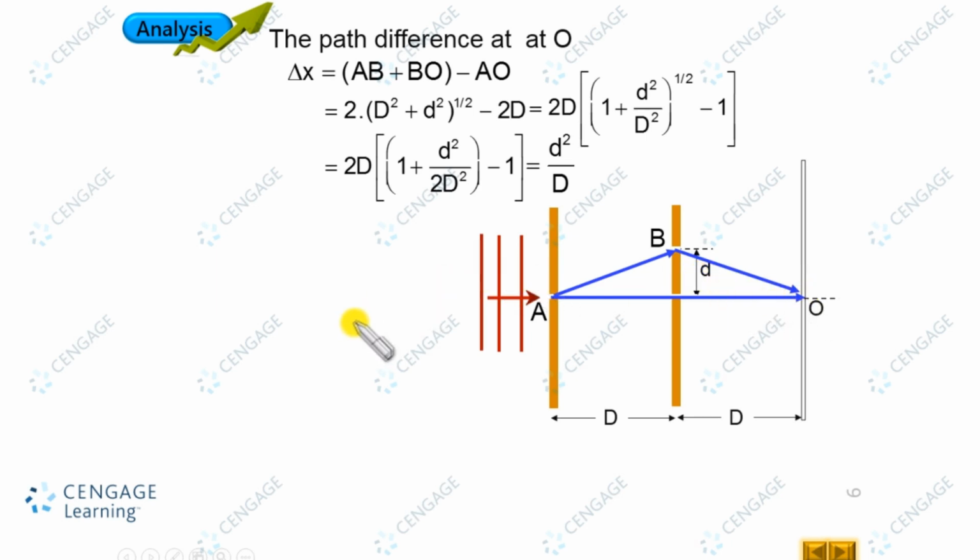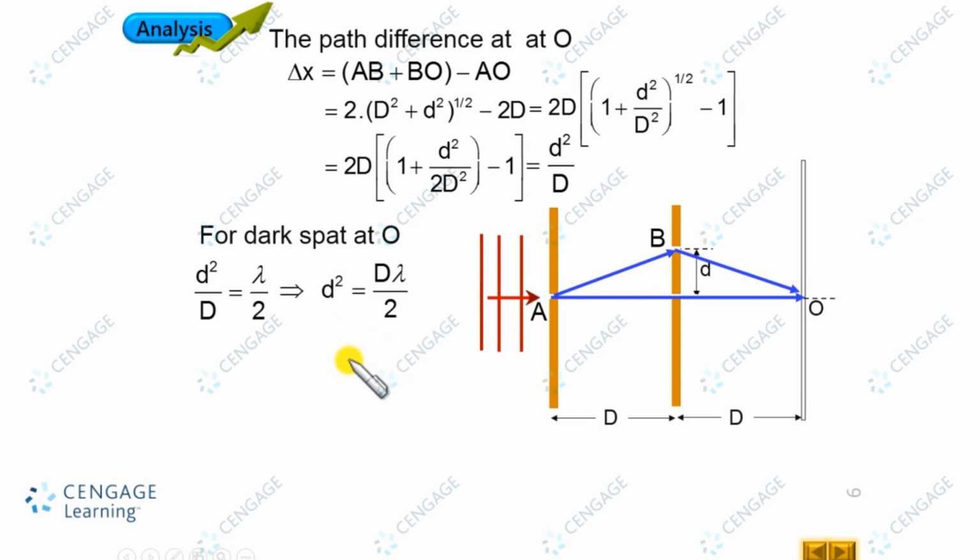So we can write this path difference should be equal to lambda by 2 for the minimum value of small d, right? So now we can find the value of d square equal to lambda capital D divided by 2. That means small d equal to under root of capital D lambda divided by 2. So this is the value of small d.